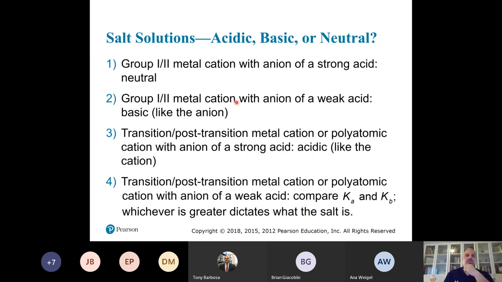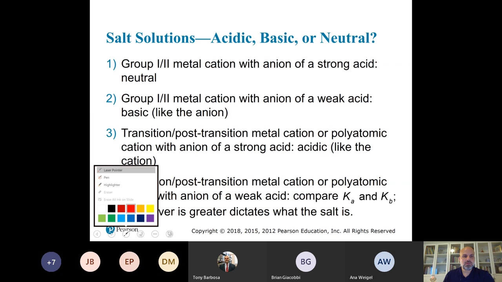So here are the general rules. When you're trying to figure out whether you have an acidic, basic, or neutral solution when you dissolve a salt, you have to look at both the cation and the anion. So, let me just write that down.